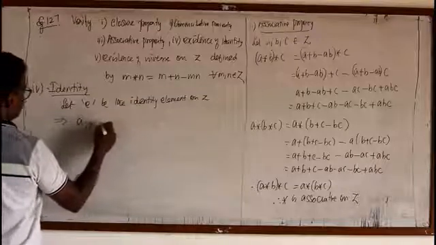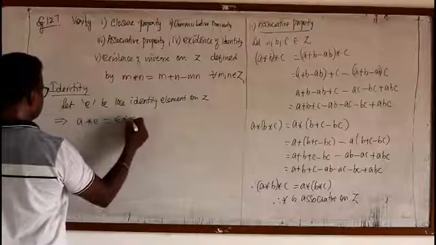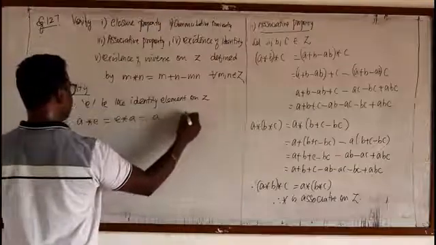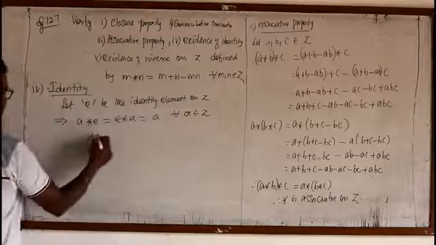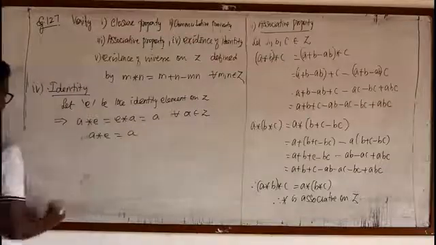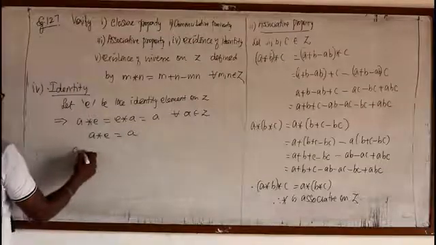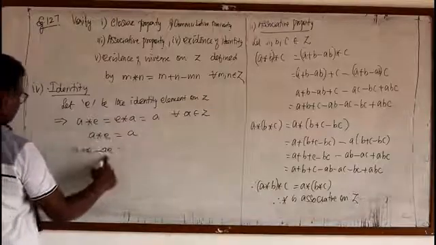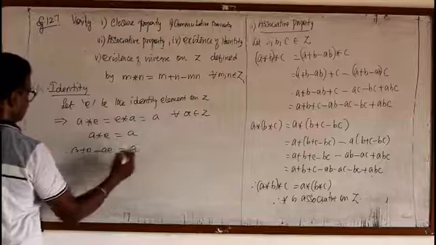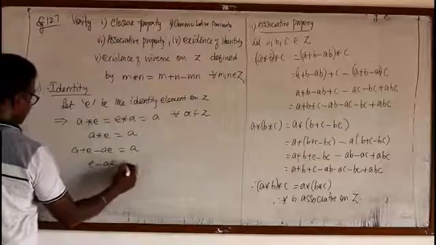Either A star E or E star A, the answer will be A for every A belongs to Z. So it is A star E equal to A. As per star, it is A plus E minus AE. I have to add these two and then multiply these two and then subtract, equal to A. A plus E minus AE equal to A.